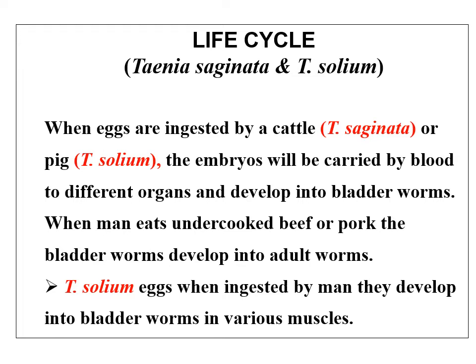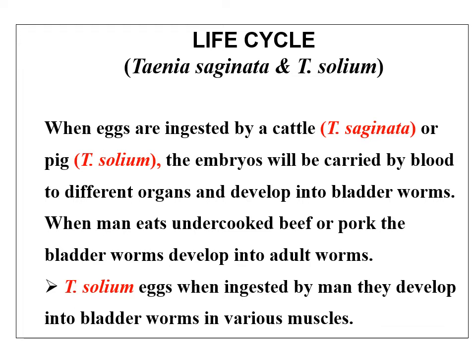In the intestine of man, the ingested meat will be digested and the cysticercus or bladder worm head will evaginate and attach to the intestinal mucosa and start to feed, and it could become a worm of a couple of meters.